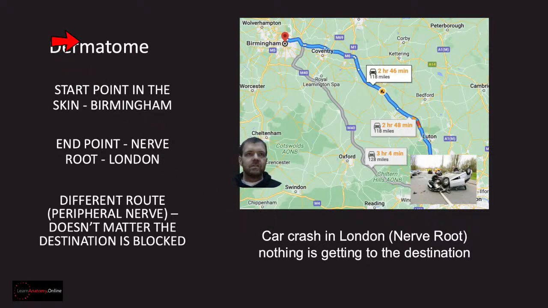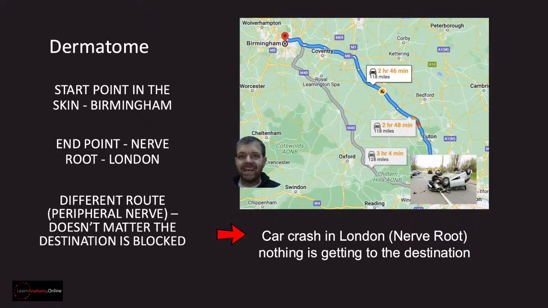So dermatome, our start point in the skin is up in Birmingham, and we had these different routes to get to the nerve root, but there's a crash in London, so nothing can get through. So car crash in London, which is the nerve root, nothing is getting to the destination, so nothing will reach the king.